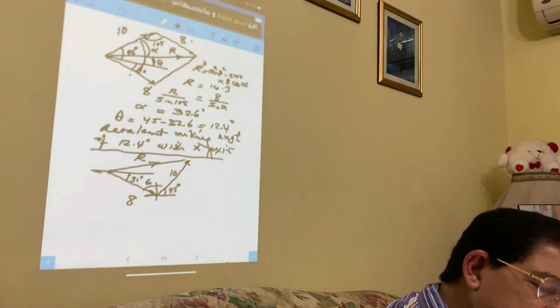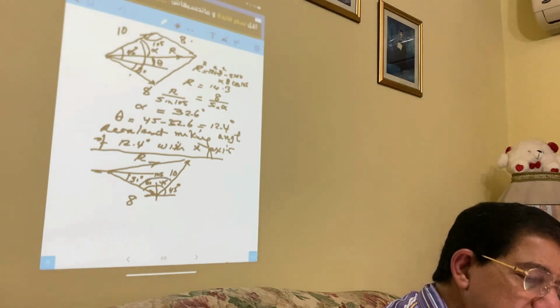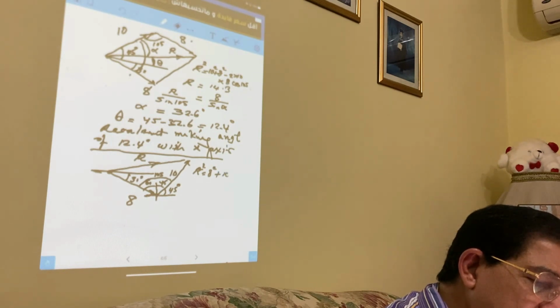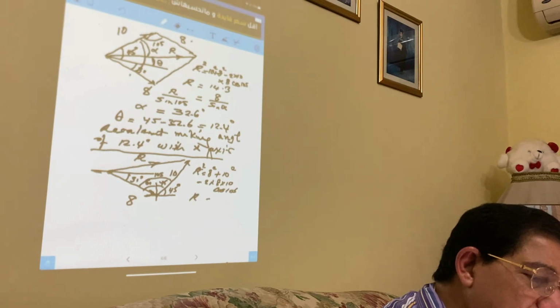And this angle is 45, so this angle is 105. So the resultant R square equals 8 square plus 10 square minus 2 times 8 times 10 cosine 105. We will get the resultant equal to 14.3.